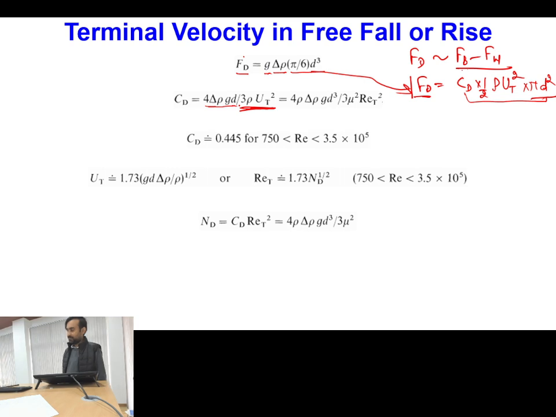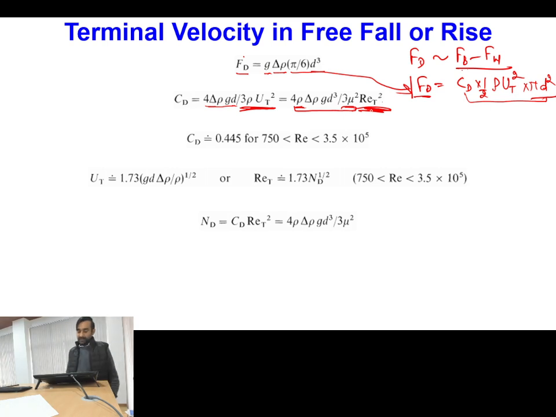Is this one clear? And ultimately I can non-dimensionalize this equation in terms of Reynolds number. If I make this ut d rho by mu, then I will be getting one rho and one mu term, so this is giving me the square of the Reynolds number.